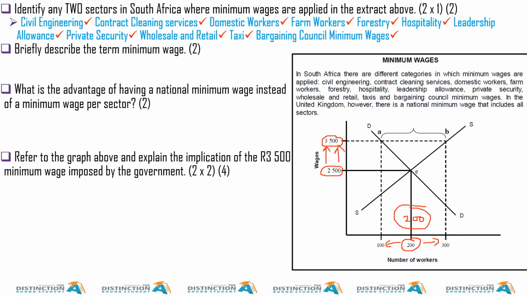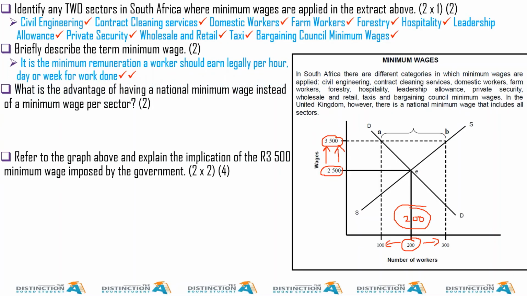Right, the next one, it says here, briefly describe the term minimum wage. All right, the minimum wage is a remuneration a worker should earn legally per hour, per day, per week for the work that they have done.